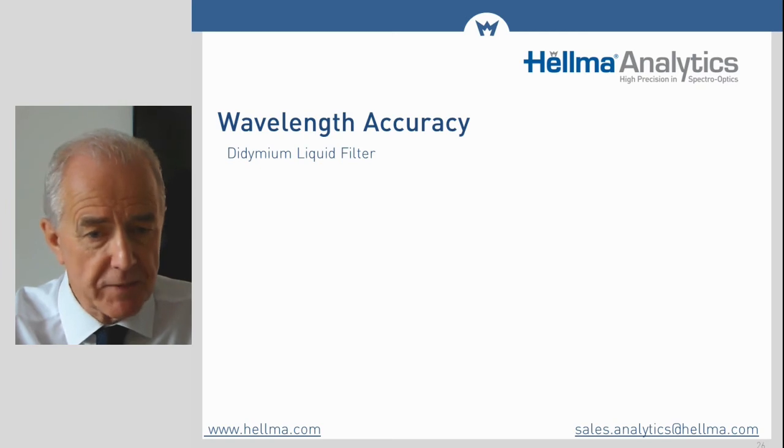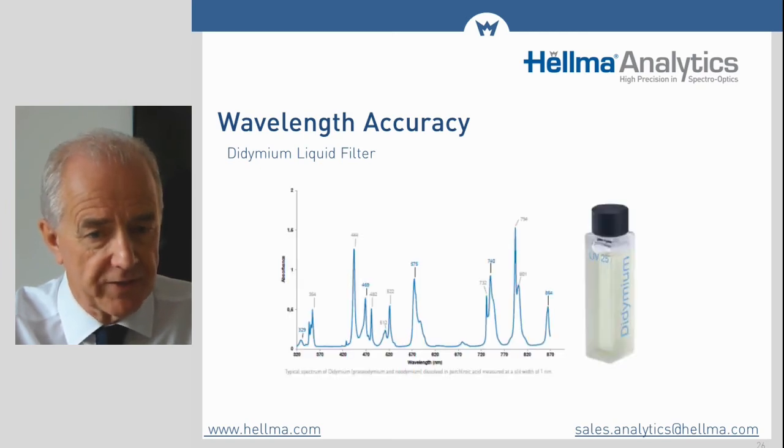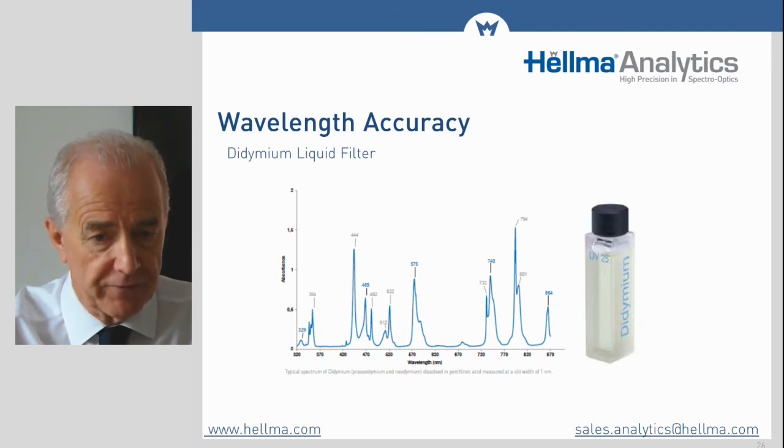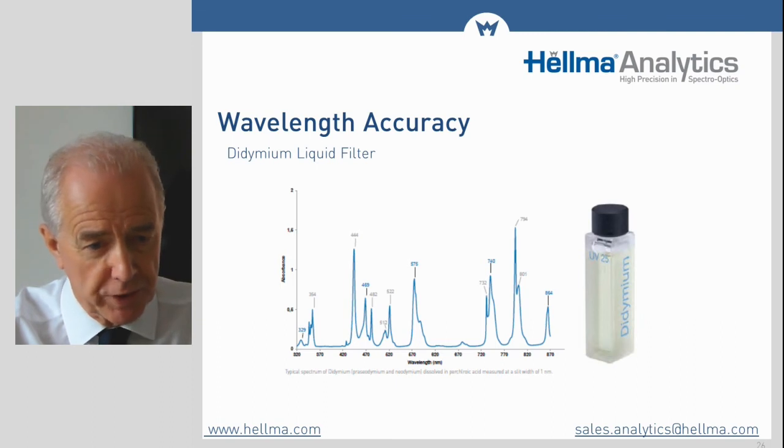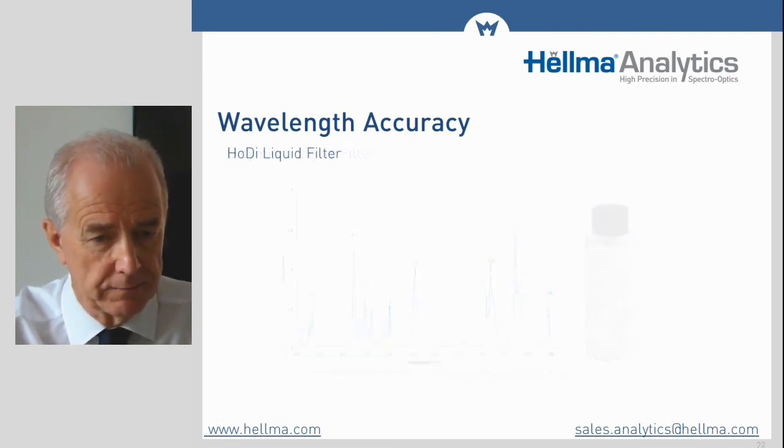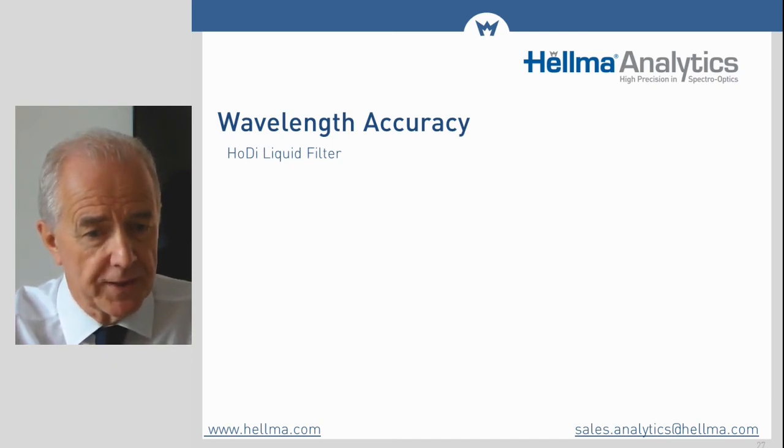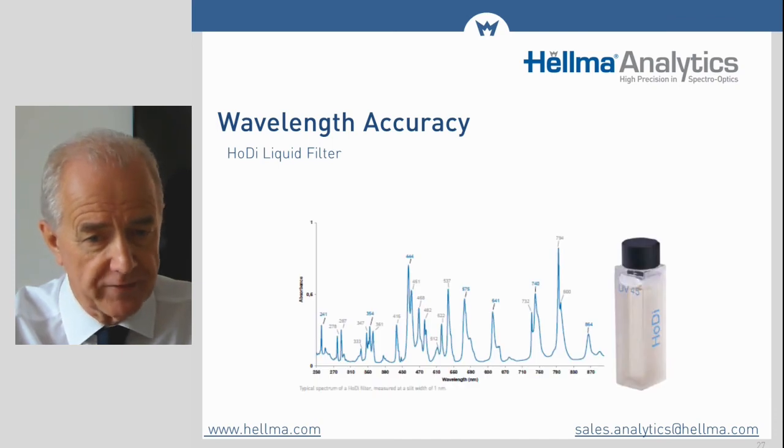The didymium liquid filter has wavelength peaks at 329, 469, 575, 740 and 864 nanometers as standard, and up to 8 others depending on the optical resolution required. The HODI filter is a mixture of the holmium and didymium liquids that offers up to 22 different wavelength peaks from 241 up to 864 nanometers.